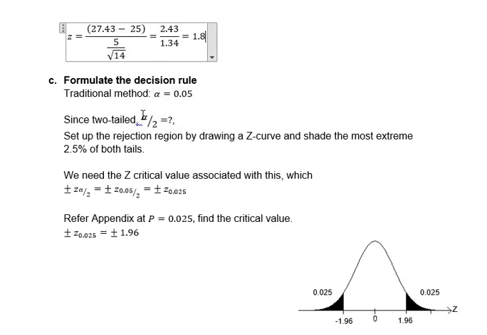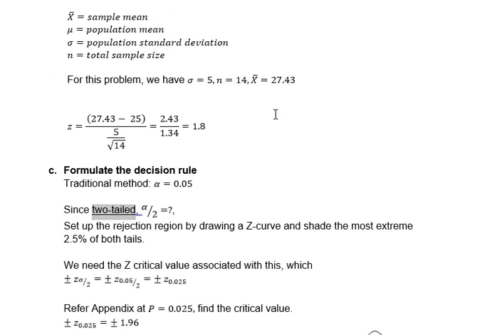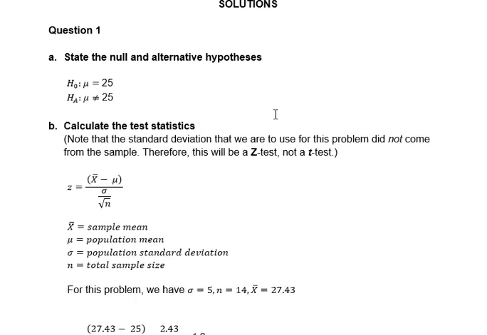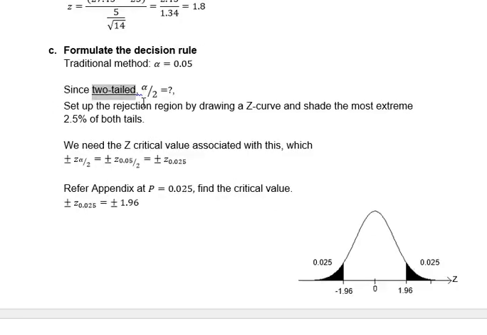Here we have mentioned that the significance level is given as alpha equal to 0.05. In this case, to clarify whether it is two-tail or one-tail, you have to check back with the question or your null hypothesis. The null and the alternative, equal and not equal, means that it's both.